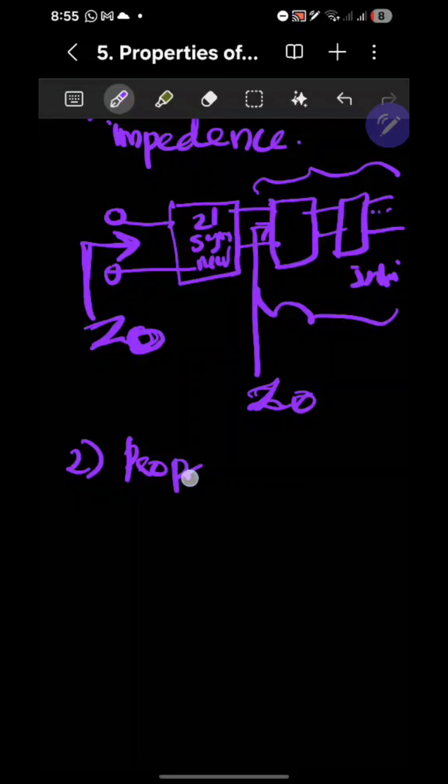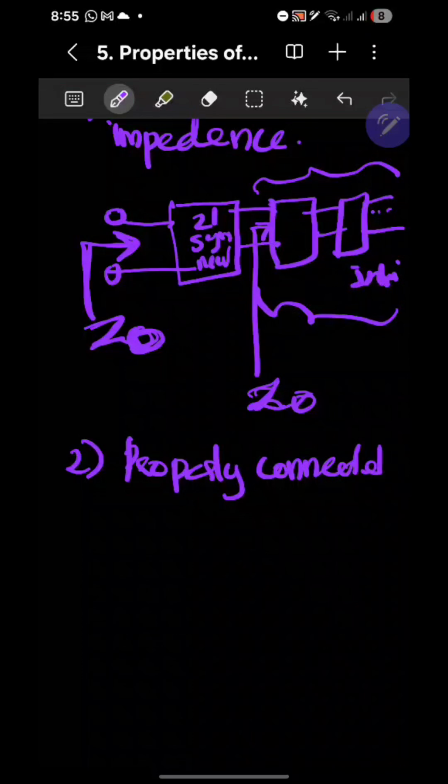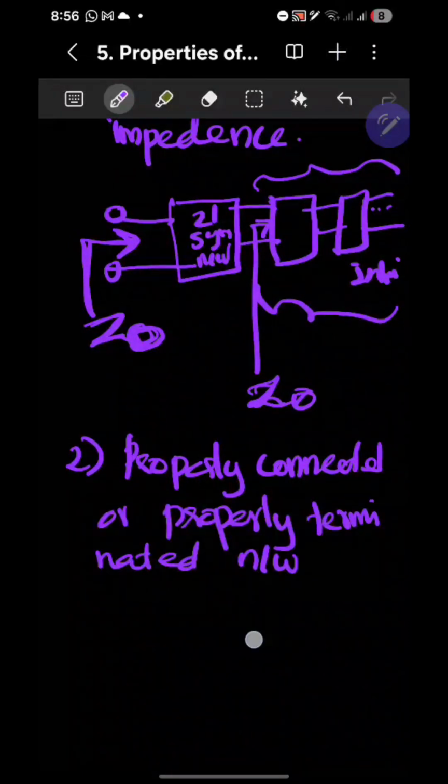properly connected network, or we can call it a properly terminated network as well. What is this network?